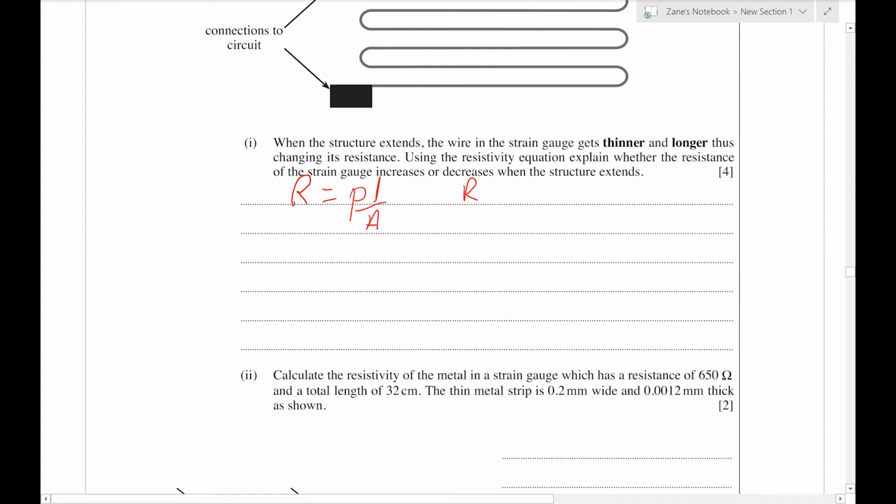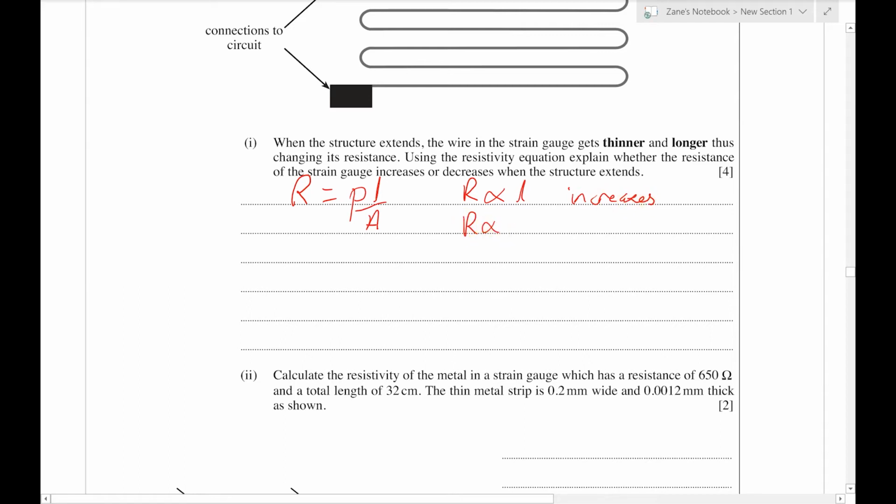Well, let's look at each term separately. If the resistivity is constant, which it is, and the cross-sectional area didn't change, then we could say that resistance was directly proportional to the length. And if the length increases, so does the resistance.